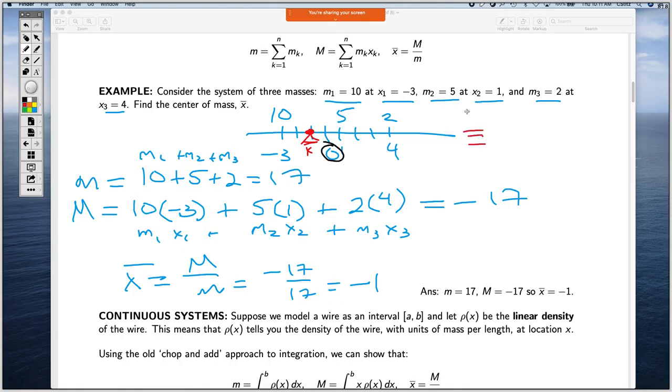This means that for some of the physics applications, like straight line motion and kinetic energy, this system can be replaced conceptually with a system of 17 pounds, or 17 mass, whatever, 17 whatever, with a mass of 17 at the x value -1. Okay, so that's what that center of mass means. You take that whole system, put it there. That's the balancing point.